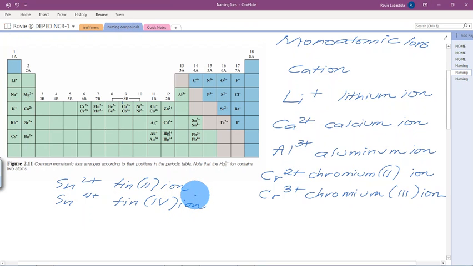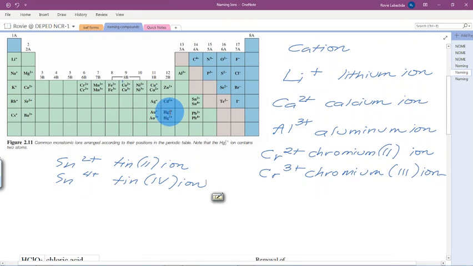How about this one? Hg2 2+ and Hg2+. This one is actually mercury.